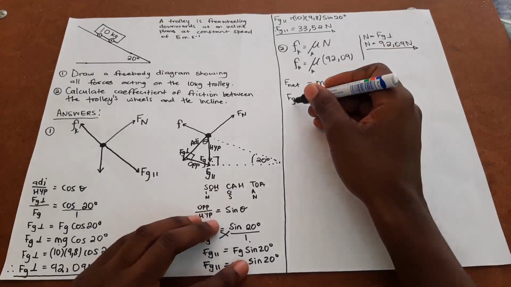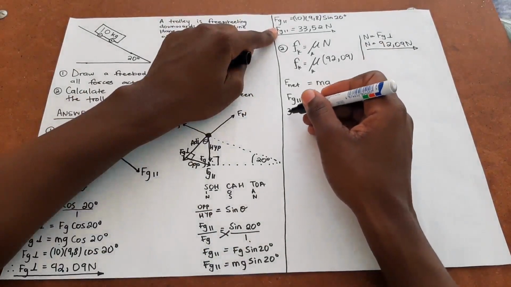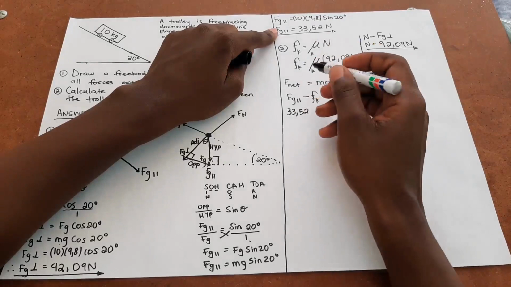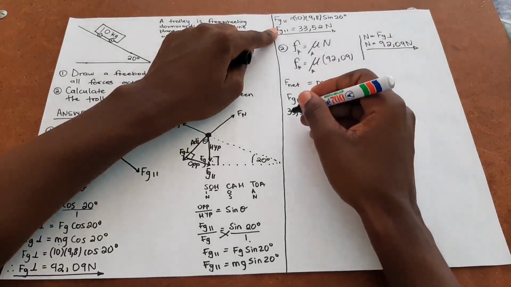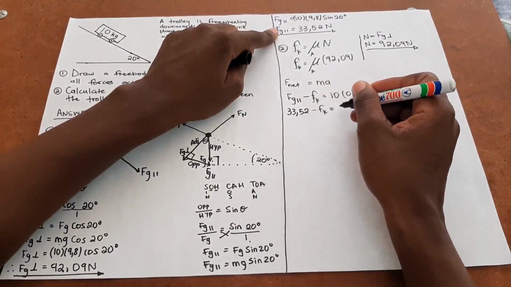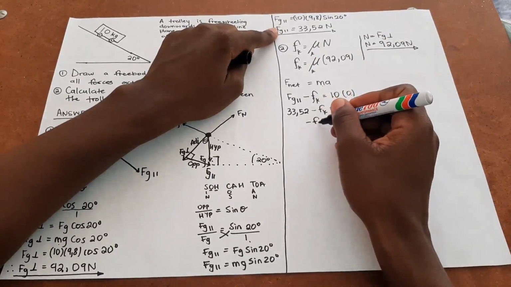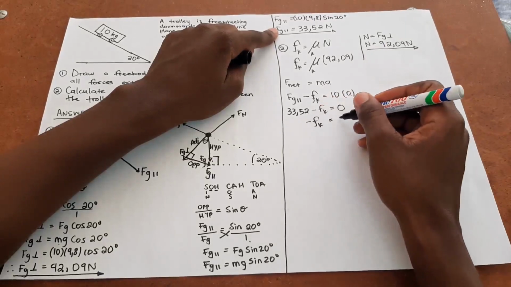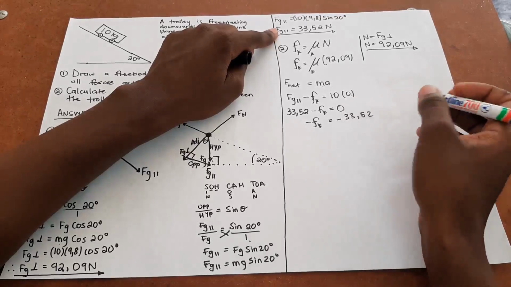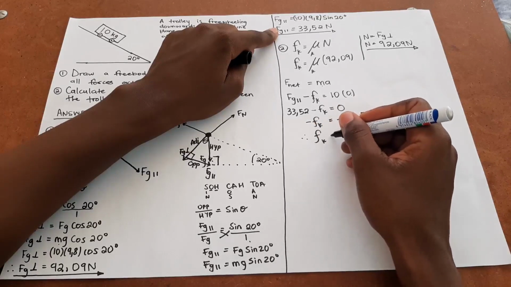So now let's substitute our F_g parallel, which is 33.52. I think, guys, you can see the importance of first finding your components. 33.52 newtons minus the kinetic frictional force is equal to 10 multiplied by 0, which is 0. Therefore the kinetic frictional force is equal to 33.52 newtons.